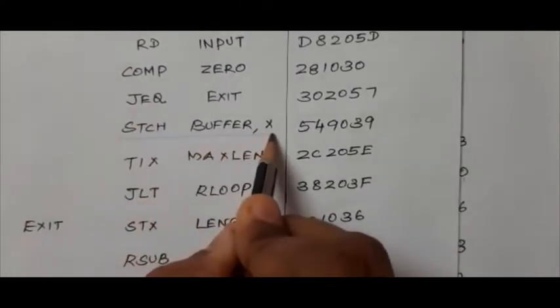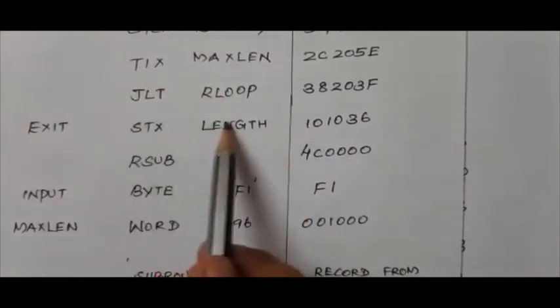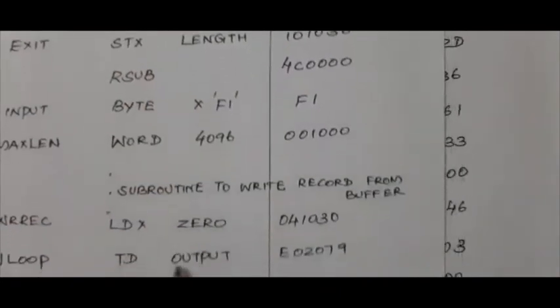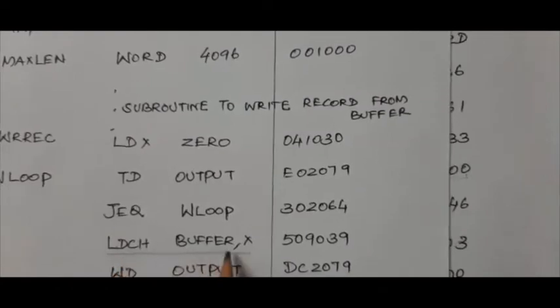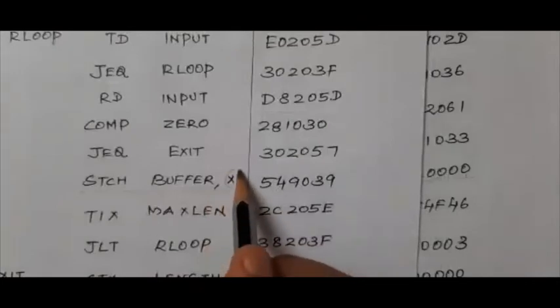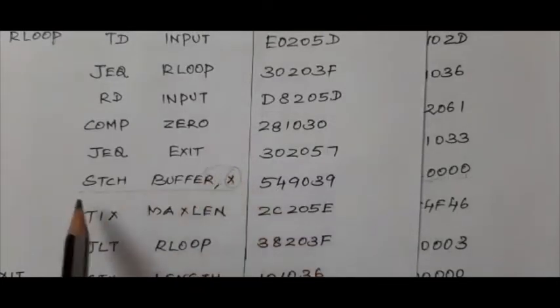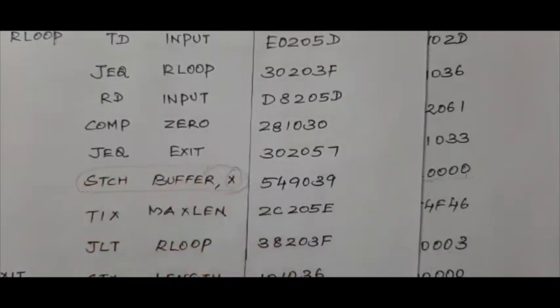STCH buffer comma X. We'll search. See, LDCH. Okay. So LDCH buffer comma X, which means X is a part of an instruction. We could say that this is an indexed addressing mode.